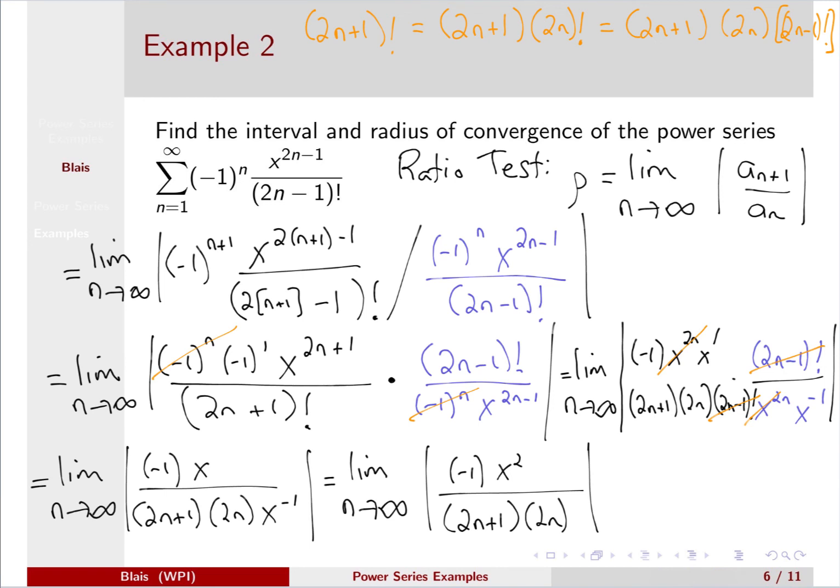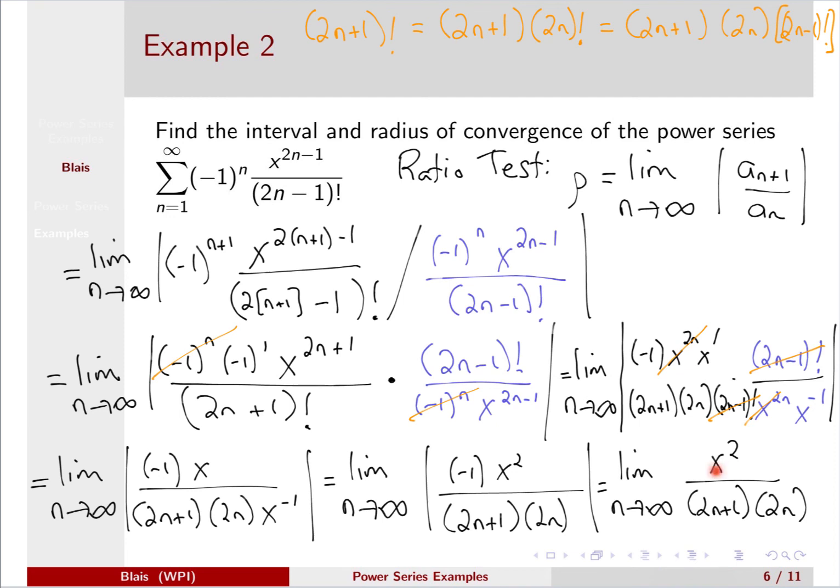Now, we're taking an absolute value. x squared is positive, and 2n plus 1 times 2n is positive. So the negative 1 will become a positive 1 when we take away the absolute value. And we get the limit as n goes to infinity of x squared over 2n plus 1 times 2n.